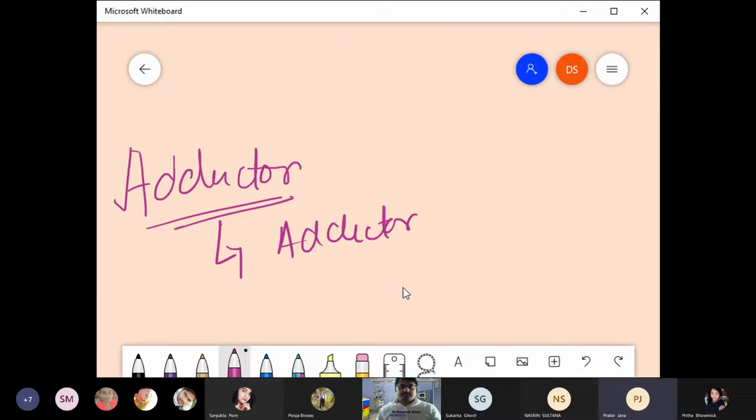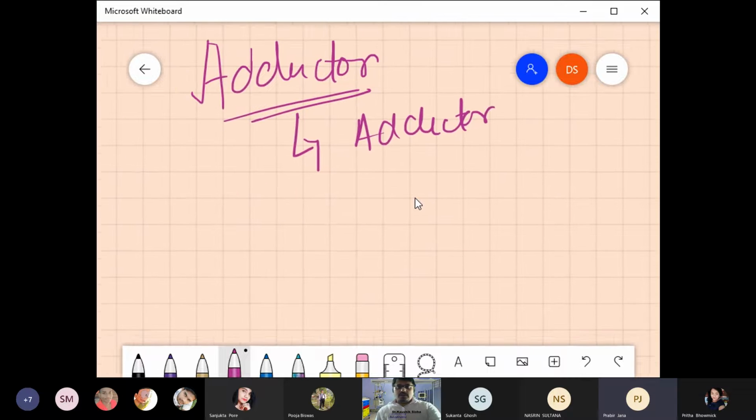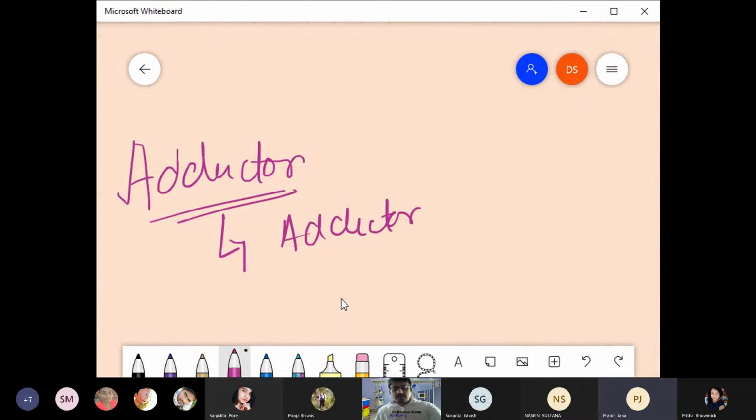Yes, sir. Okay, so that's why this is just an example. What I have written on the board is just an example. To further elaborate this example, specifically in the leg area, we have multiple adductor muscles. The thigh area is heavier than the upper limb.